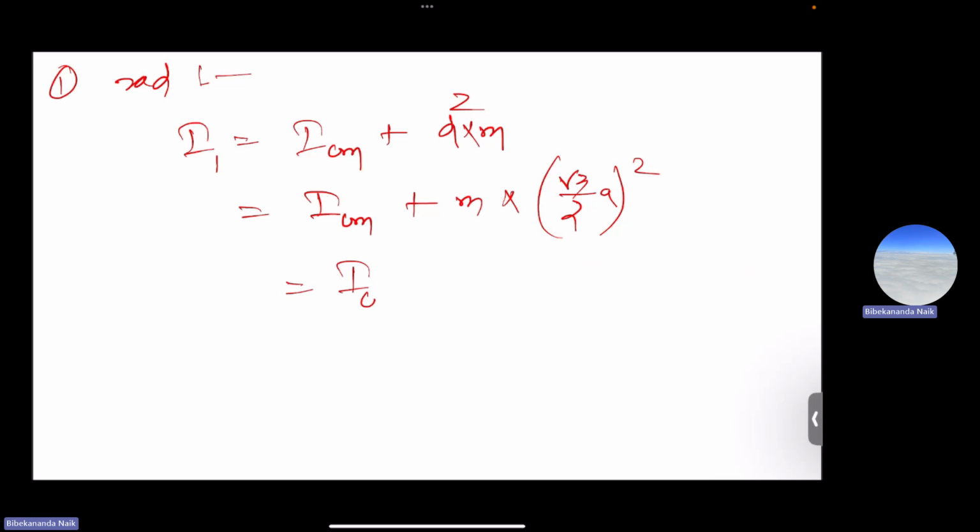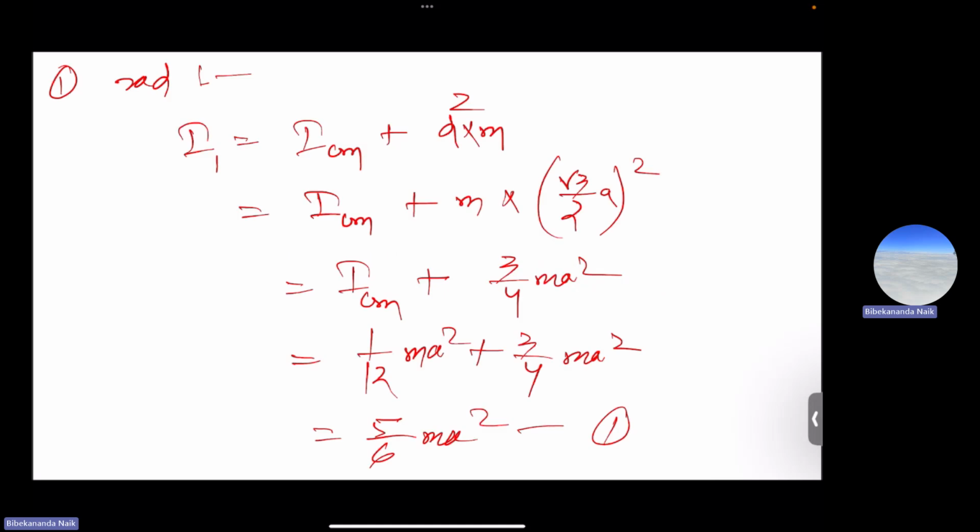So it is I CM plus 3 by 4 m a square. That implies 1 by 12 m a square plus 3 by 4 m a square. It is 10 by 12, or 5 by 6 m a square.